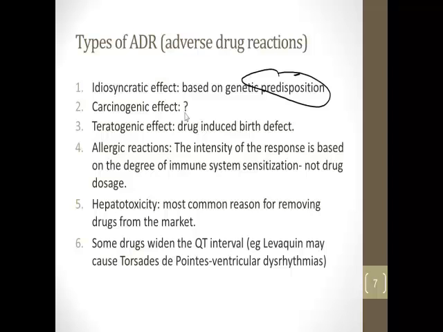And so the drug company doesn't have that data when it actually goes through FDA approval or Health Canada approval. Some drugs widen the QT interval in the heart rate. So again, it can cause dysrhythmias and really cause a whole lot of cardiovascular complications.